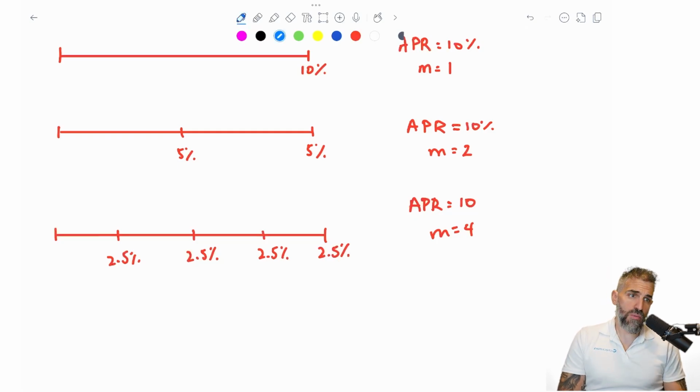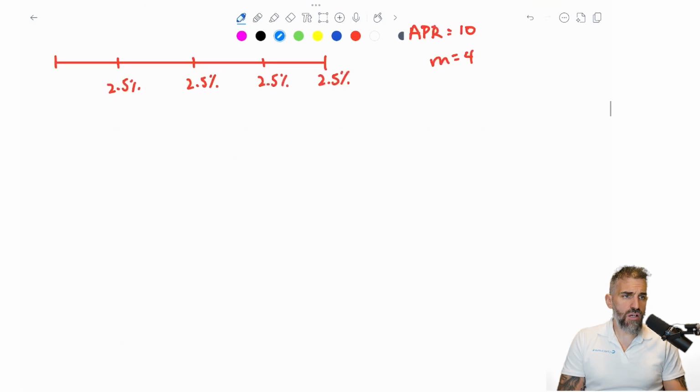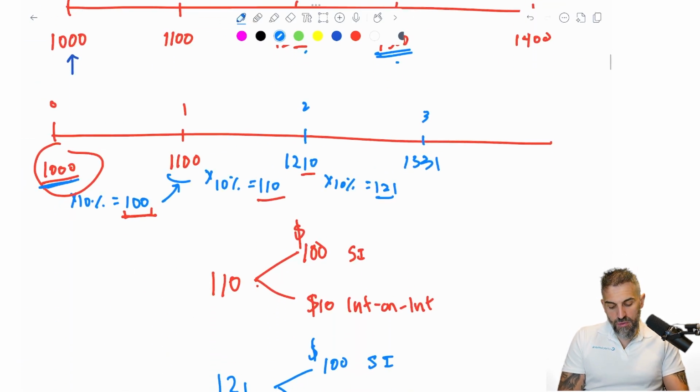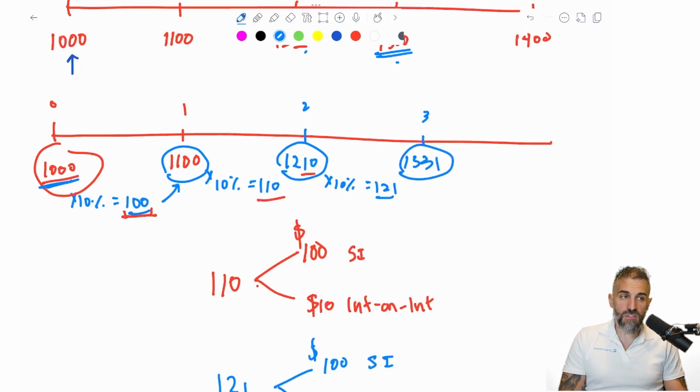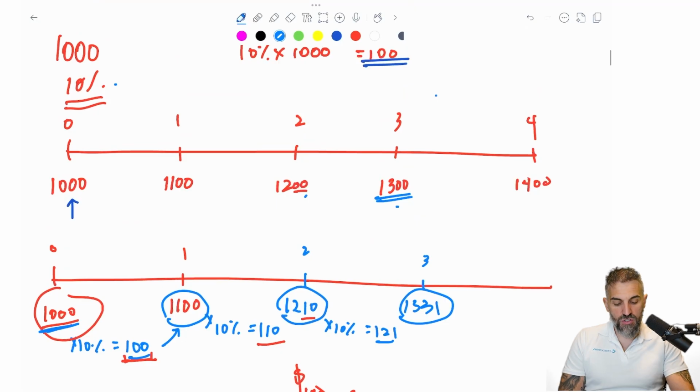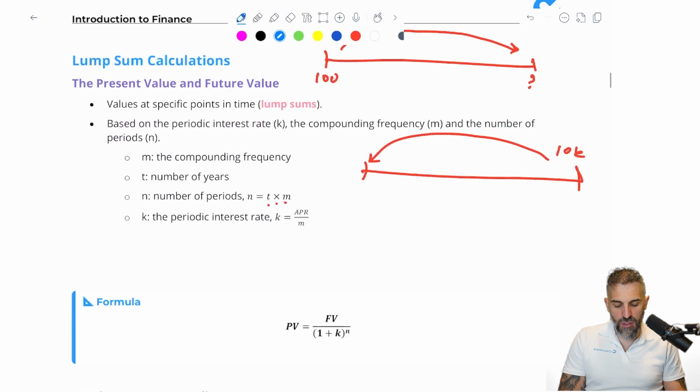Well, it makes a difference because I just showed you that when you start to compound, your money starts to grow. And the more often you compound, like here, there was technically 0 compounding, and so I was always earning $100. Here I introduced a little bit of compounding and now I started to earn a little bit more. So the more often you compound, the faster your money will grow.